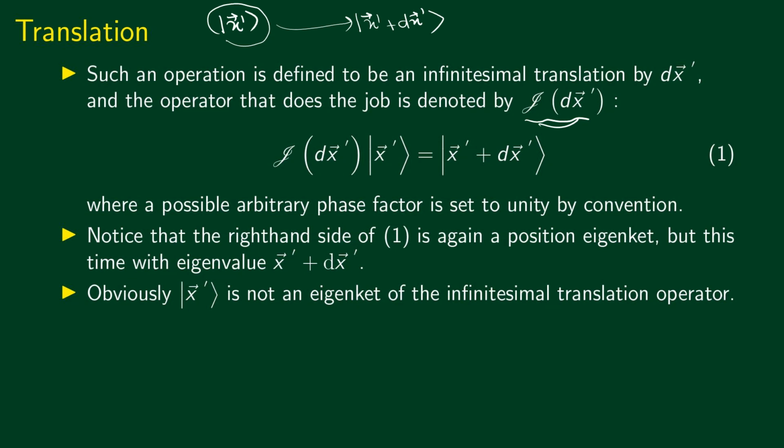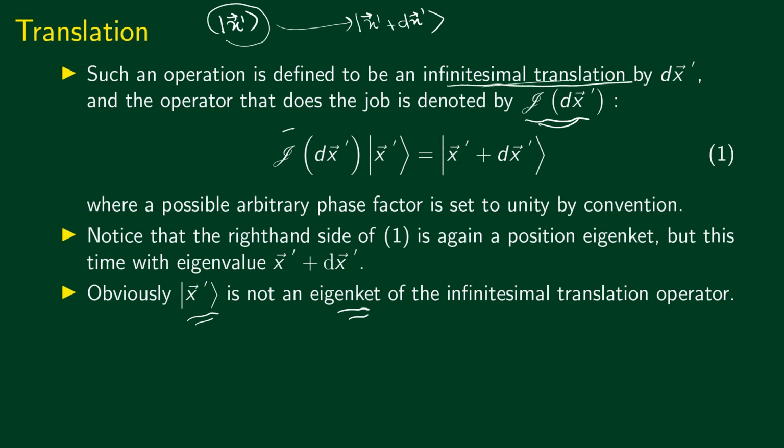All right. Now, notice that the right-hand side is again a position eigenket. This is again a position eigenket, but this time with eigenvalue x vector prime plus dx vector prime. The eigenvalue has changed. Obviously, ket x vector prime is not an eigenket of the infinitesimal translation operator. All right, so this is an infinitesimal displacement, an infinitesimal translation.